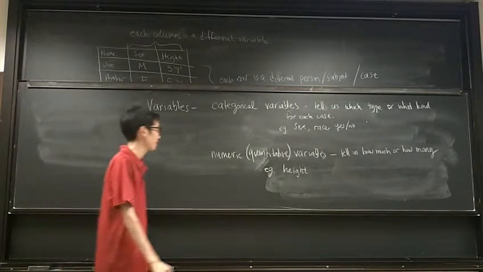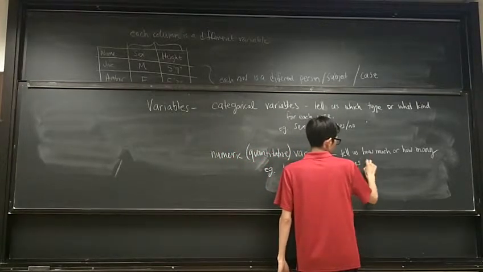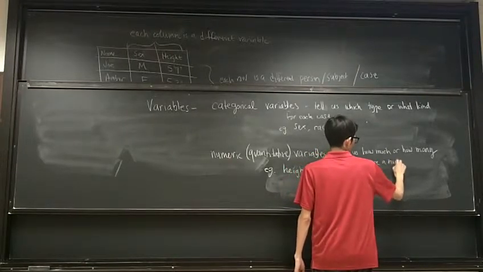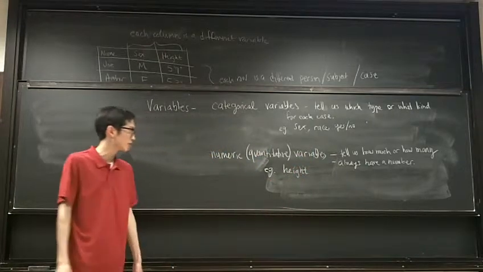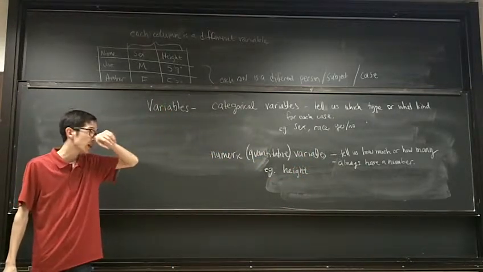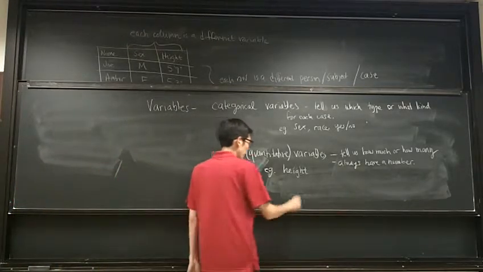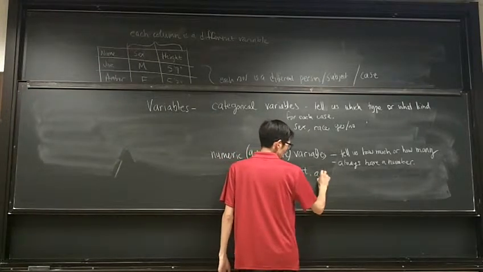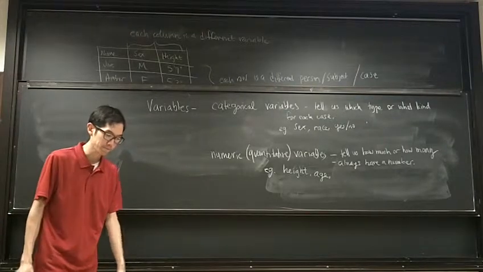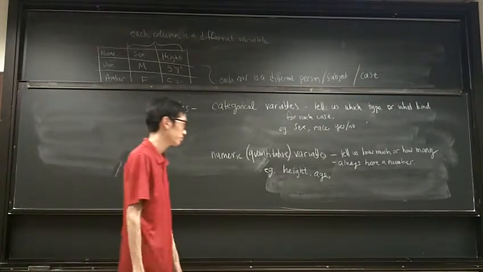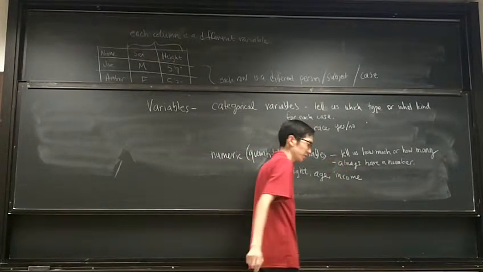But just because a number shows up doesn't necessarily mean it's a numeric variable. It always has to answer this question of how much or how many, okay? So height is numeric. Age is often numeric. Salary, income, those types of things. Also numeric.